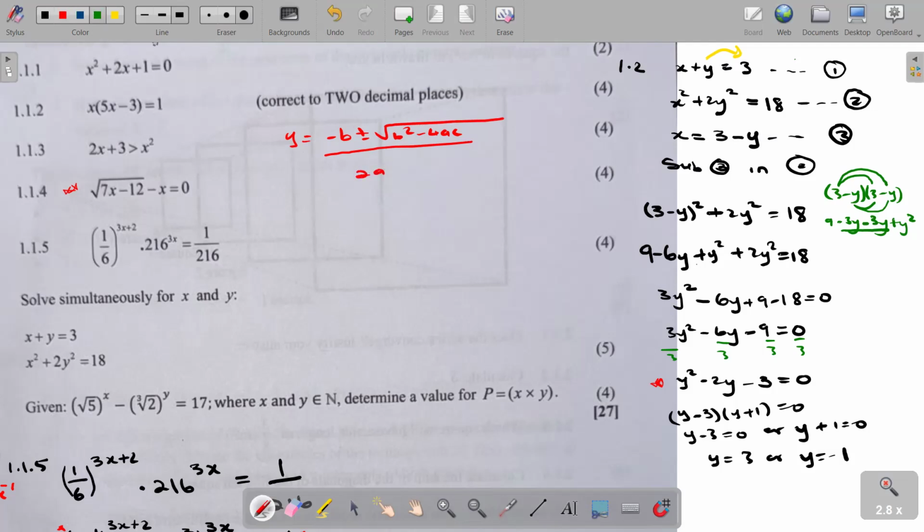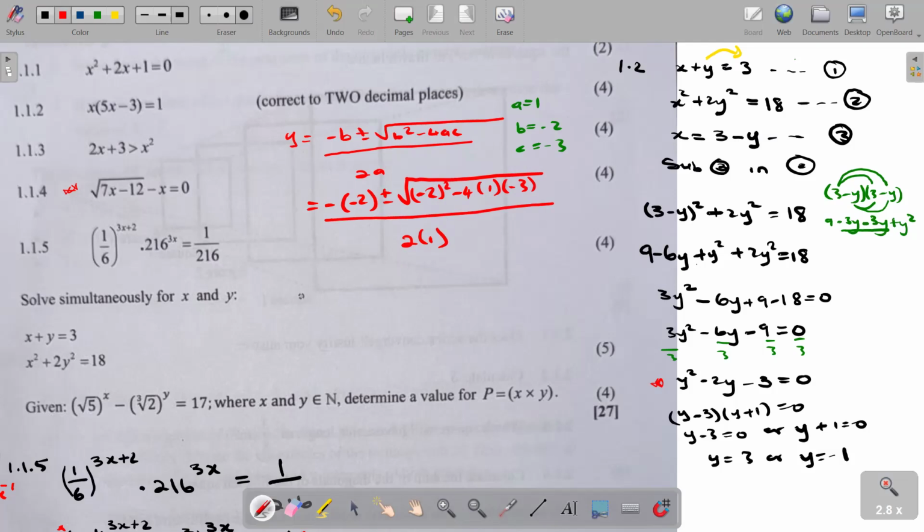But take note here, the a is 1, the coefficient of y squared. The b is a negative 2, the coefficient of y. Then the c is equal to a negative 3, the constant. Substituting that, we'll get minus minus 2 plus or minus the square root of minus 2 squared minus 4 times 1 times minus 3, all over 2a.